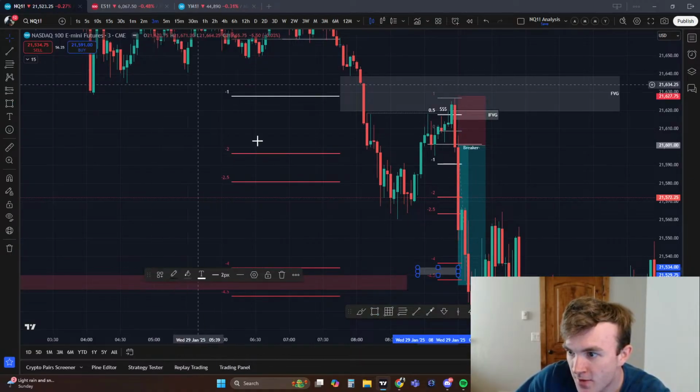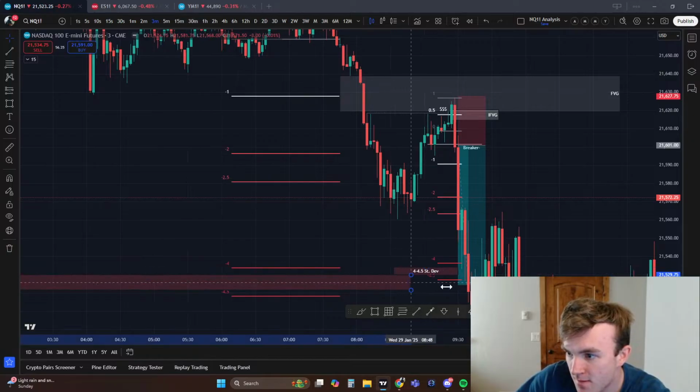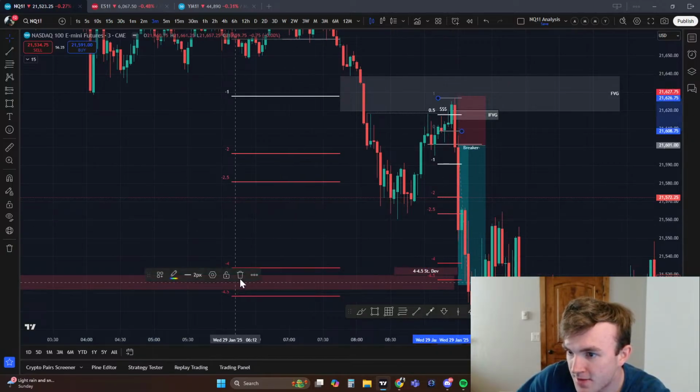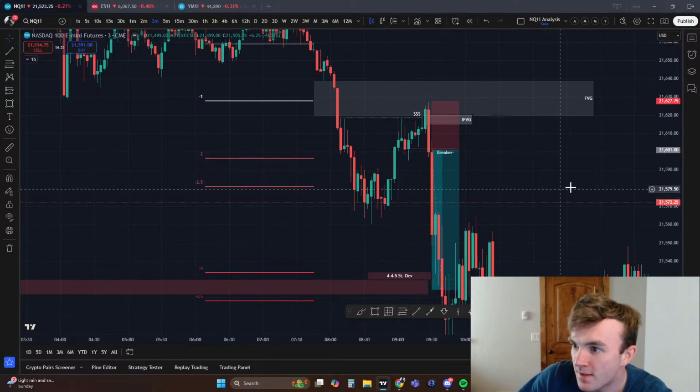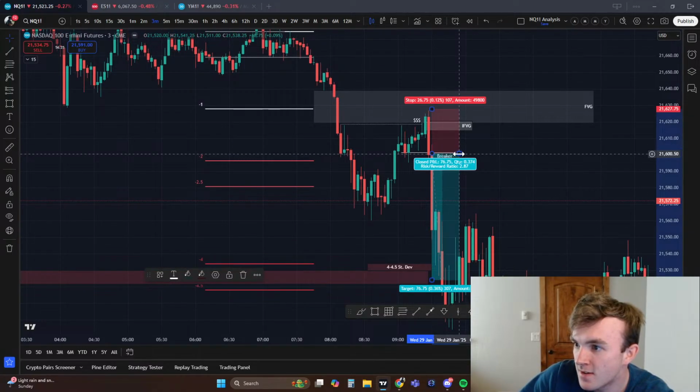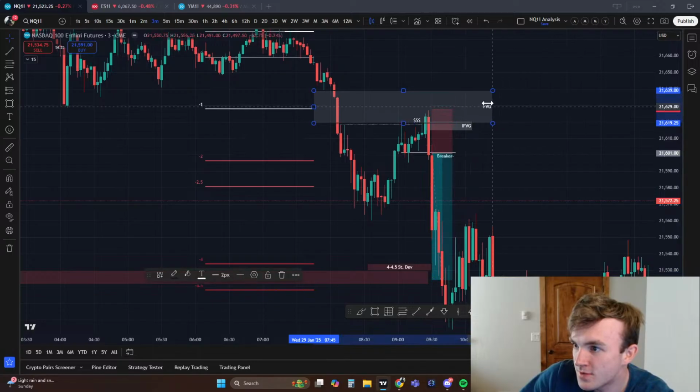So there's that 4 to 4.5. So both of these overlap with each other. And yeah, let's put this in our little trade journal that we got going on.